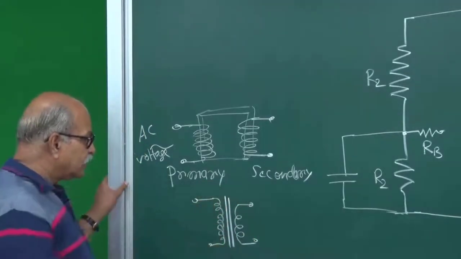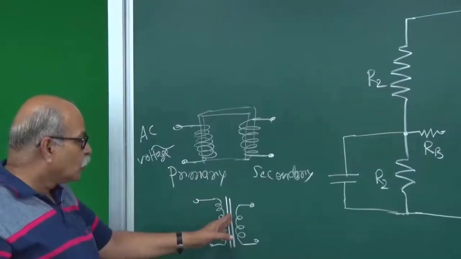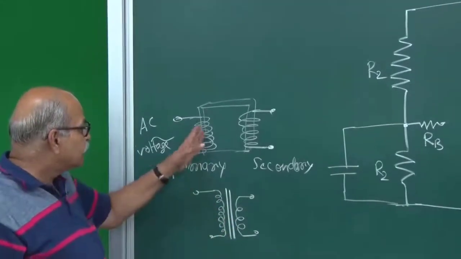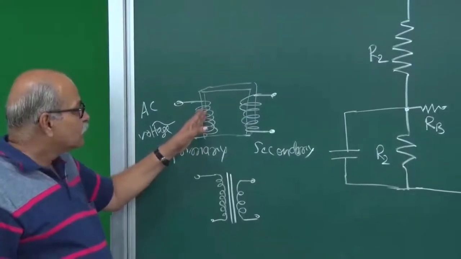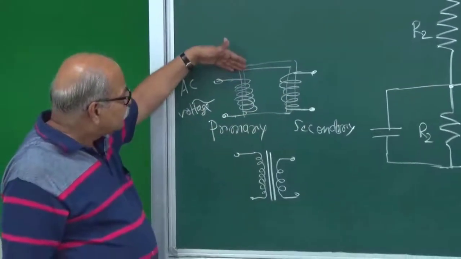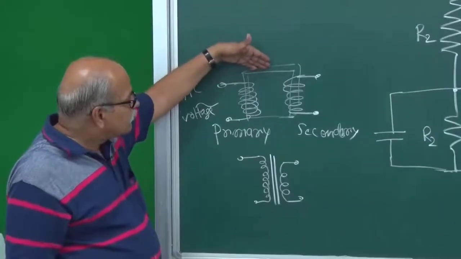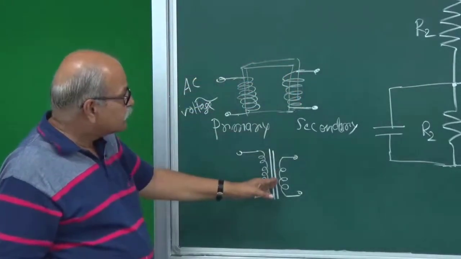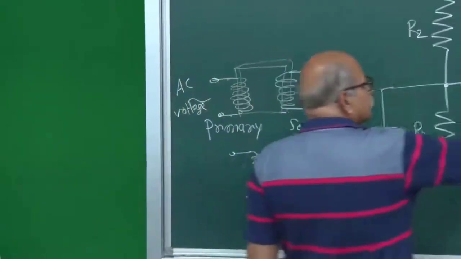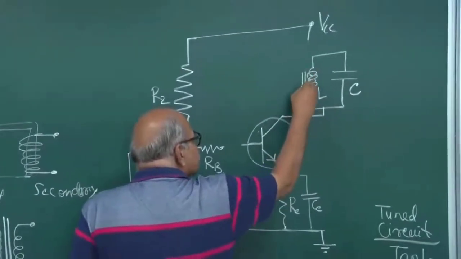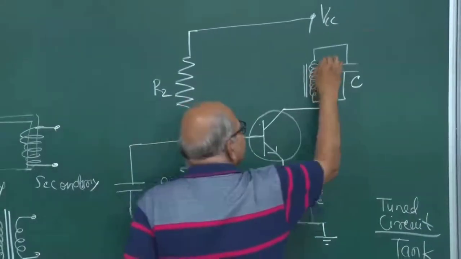These two vertical lines represent that core, which is the bridge for sharing magnetic field between this coil and this coil. Through this ferromagnetic thing, the magnetic field lines are guided. So that is the symbol. So we put the symbol here. This is that transformer primary.